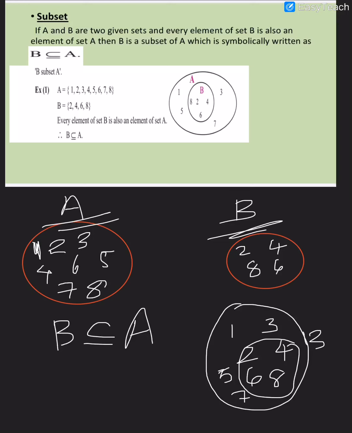See, I have drawn it here, though it's not clear. You can see that the set A also contains set B. B is a subset of set A. So B subset of A means B is contained inside A. You can see in this image B is contained in the set A. So we can say B is a subset of A, represented by this symbol.